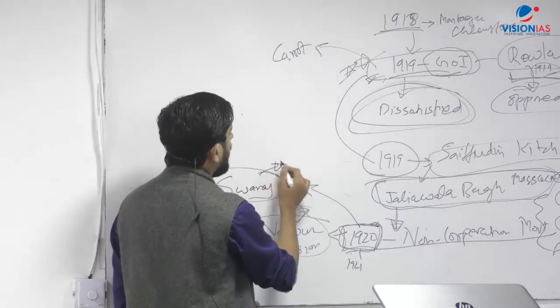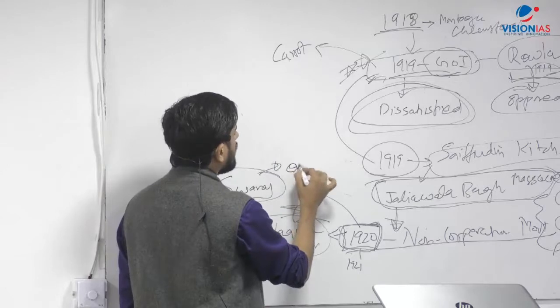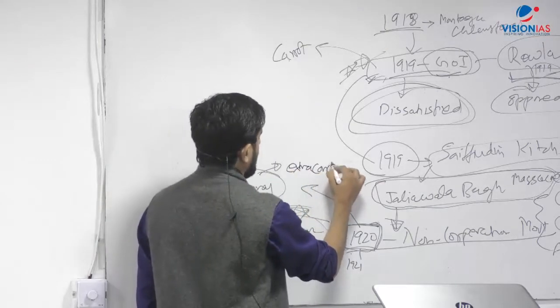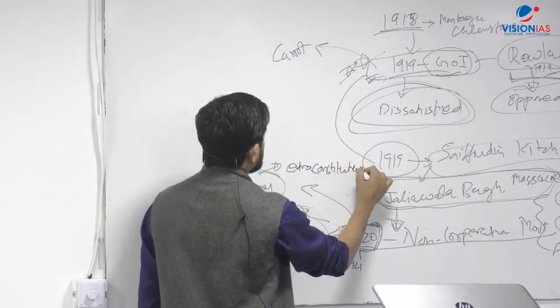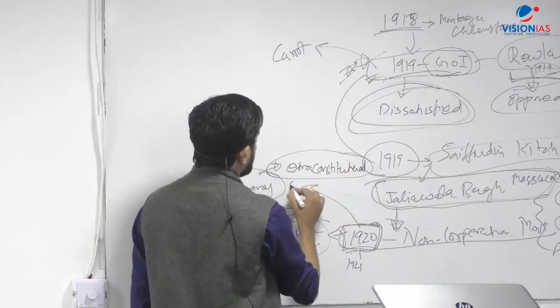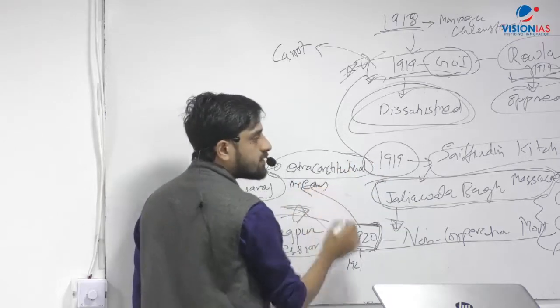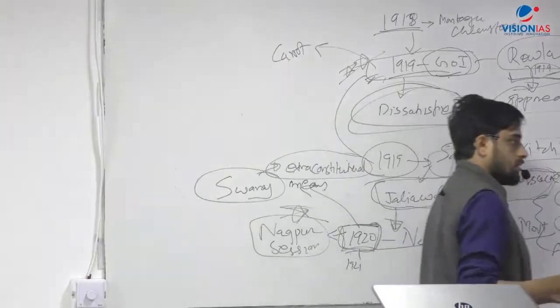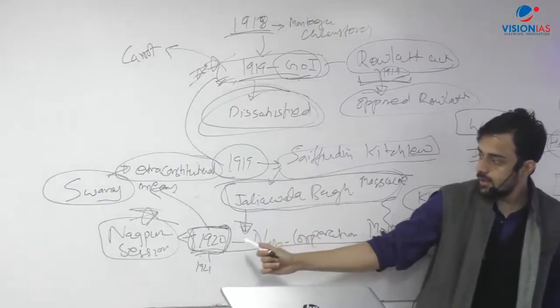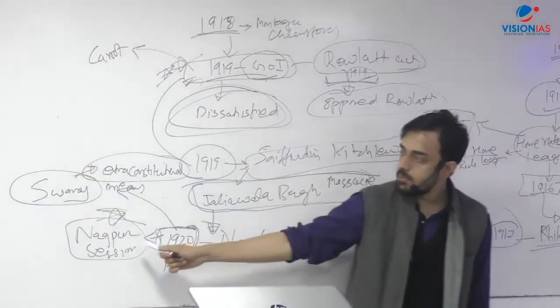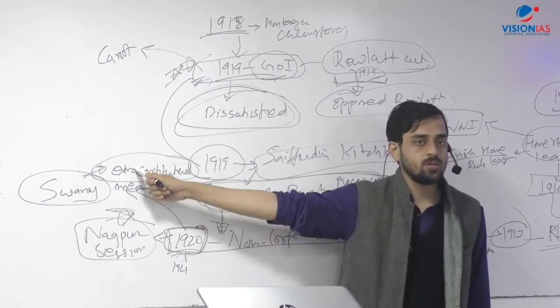could be attained by using extra constitutional means also. Meaning Swaraj was now to be attained by use of extra constitutional means. What are these extra constitutional means? Mass protest. Non-cooperation movement, Nagpur session, Swaraj, extra constitutional means.